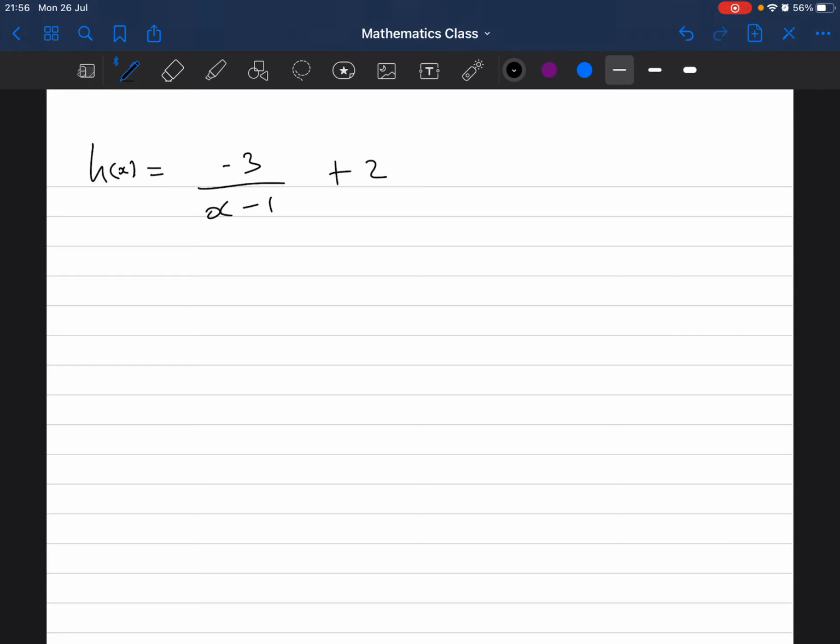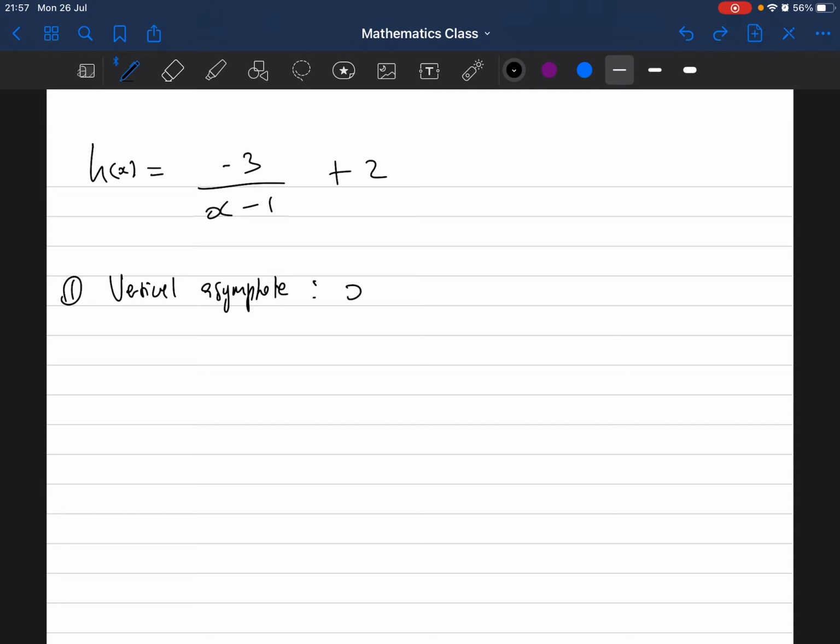Okay, so that's your answer, that's what you're given, and they ask you to draw a hyperbola here. First you need to find your vertical asymptote. We said the vertical asymptote is this thing here, equated to 0, right?